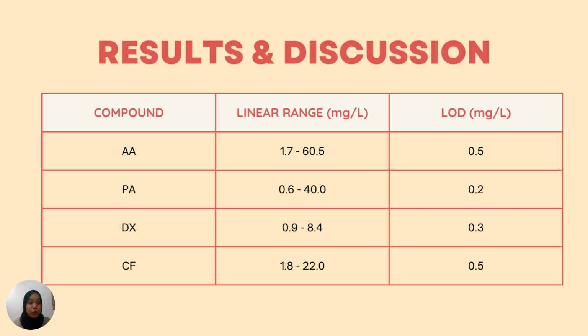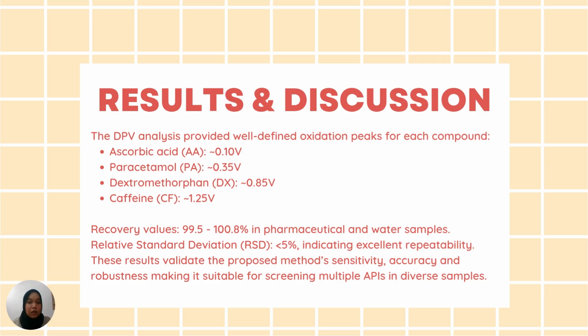We move on to the discussion. The DPV analysis provided well-defined oxidation peaks for each compound, so we can see it for all of the APIs. For recovery and precision, the recovery values are from 99.5% until 100% in pharmaceutical and water samples.